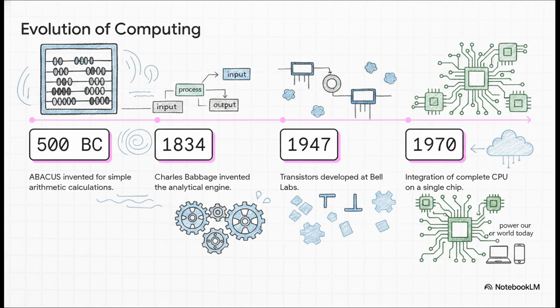That machine really formed the bedrock for our modern input, process, and output mechanics. Then, boom, things completely exploded in 1947 when the transistor was invented using semiconductor materials over at Bell Labs. By 1970, we were already packing these circuits onto single chips, which led directly to the microprocessors powering our world today. When you think about it, it's a remarkably short span of time for such a massive technological leap.